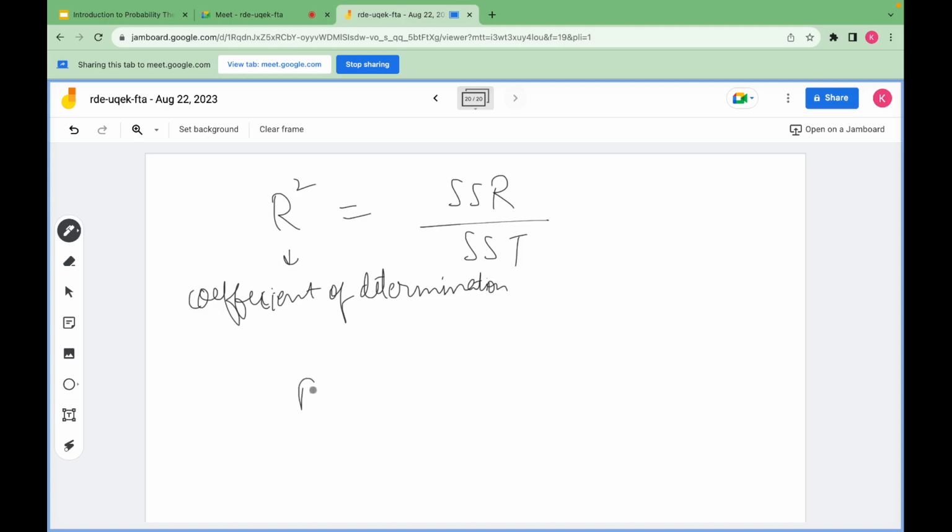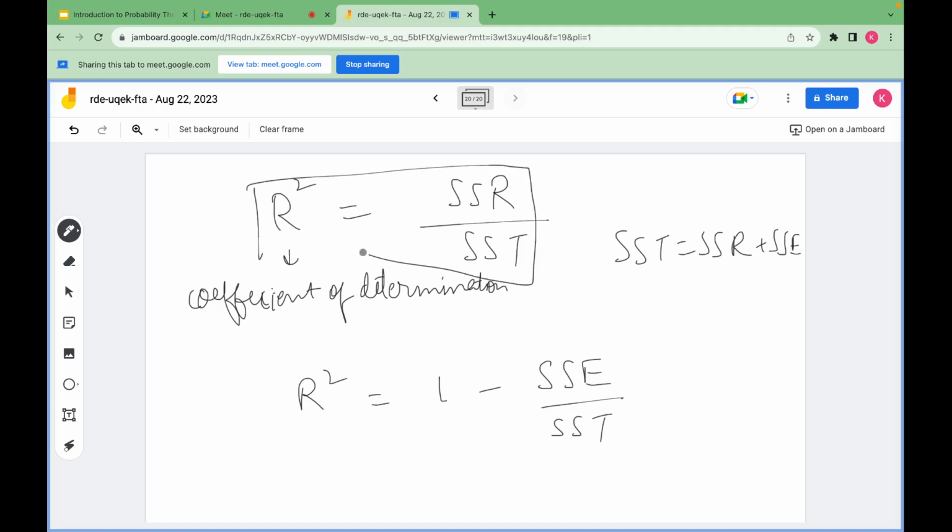Or we can write it as 1 minus summation of error upon SST, because this SST is equal to SSR plus SSE. We can write it as SSR by SST and 1 minus SSE upon SST.